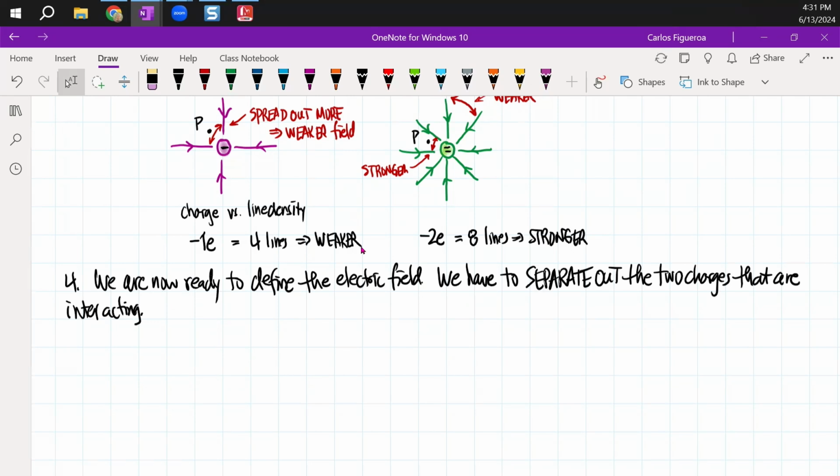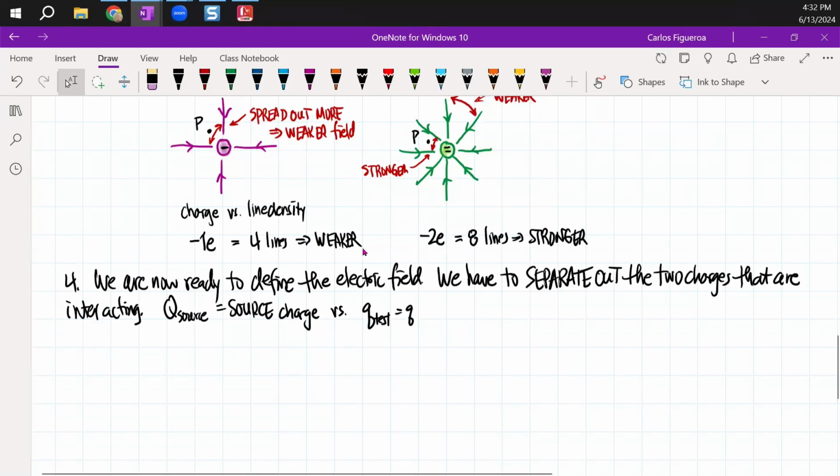And we actually give them names. So one we call Q source, which is the source charge, versus the test charge. And typically we write a little q for the test charge. And then this is the charge that tests the strength of the electric field.